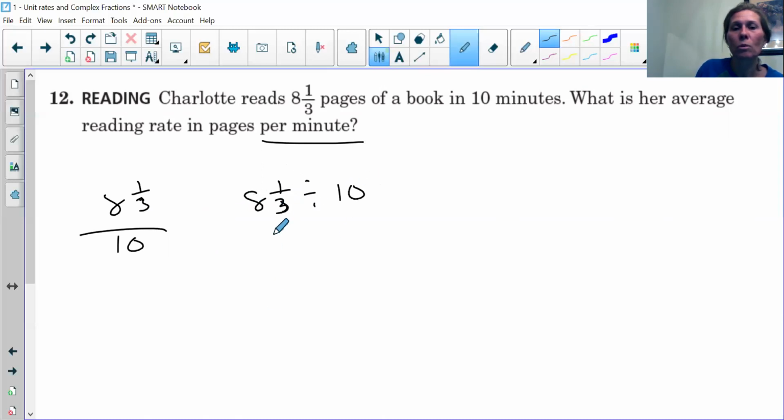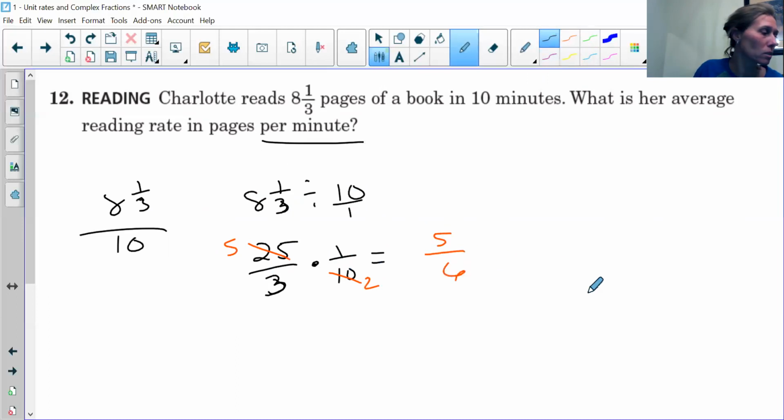That's 24 plus 1 is 25 thirds, right? Times 1/10. Remember, 10 is a fraction, 10/1. All right, I can cross simplify. Divide by 5 is 2. Divide by 5 is 5. So that is going to give me 5/6.